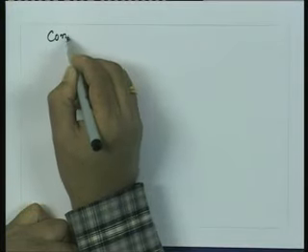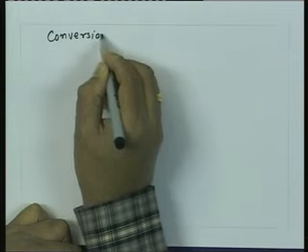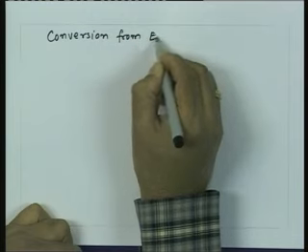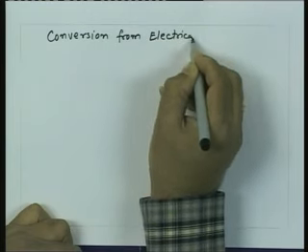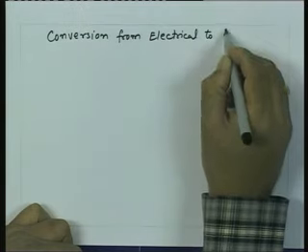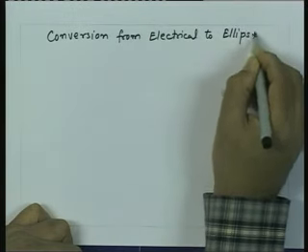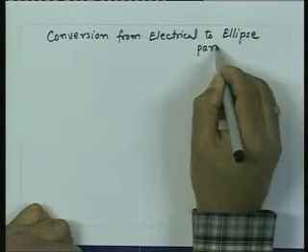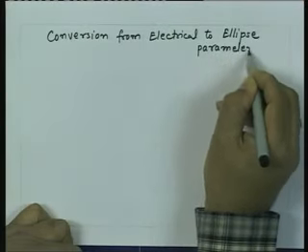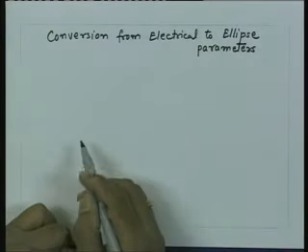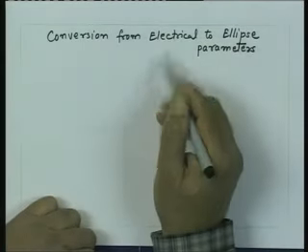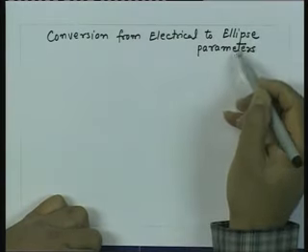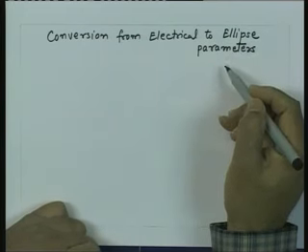If you want to convert from the electrical parameters to the ellipse parameters, we have the conversion relation. That is, if you are given the quantities gamma and delta, we want to find the corresponding values of epsilon and tau.